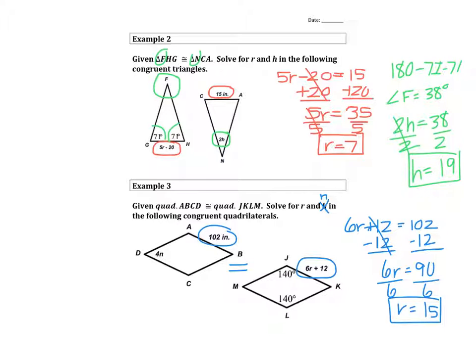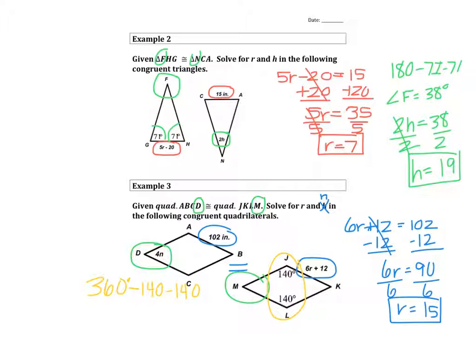Now the second one, it requires a little bit more work. 4n matches with D, so D matches with M. M's here, and I don't see an angle measure, so I have to get creative. Well, I know in a quadrilateral, there's 360 degrees, because there are 4 sides. And we've already used 140 and 140.